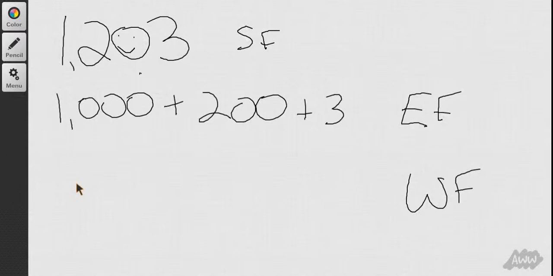There are 0 tens, so we don't say 0 tens. We again skip over that 0 and we write down the word 3. And so here we have it.